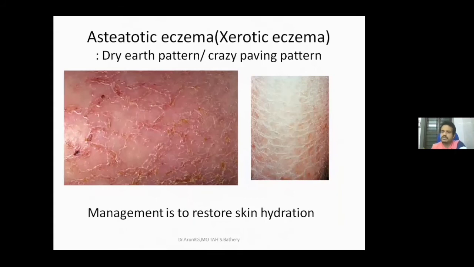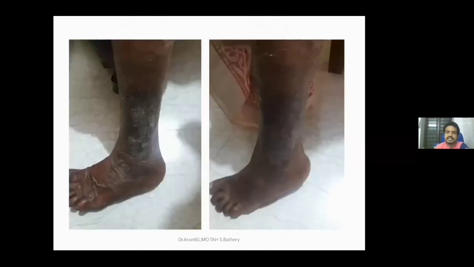In those patients having dryness of skin also, this kind of asteatotic eczema will be there. Here restoring skin hydration is very beneficial. So Tiktagam Narasimharasanam or Tiktagam Chavanaprasam combination will give you good result along with Pittagabhara, Vijarchagara drugs. Okay, we can see that dryness.